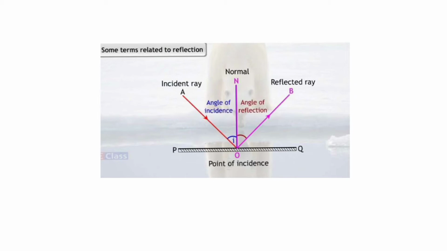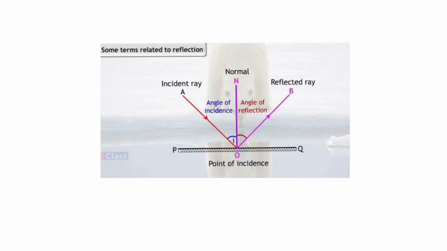Sometimes they make a trick. They say that the ray made a 40 degree angle with the mirror. So can you tell me what will be this part? See, the normal makes 90 degrees. Out of this, this part is 40. So what will be that part?